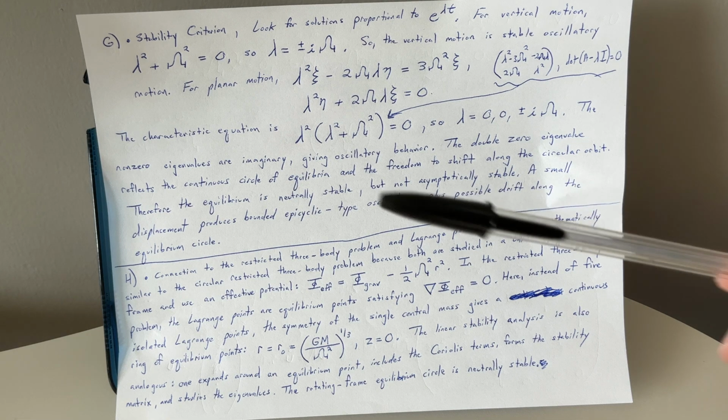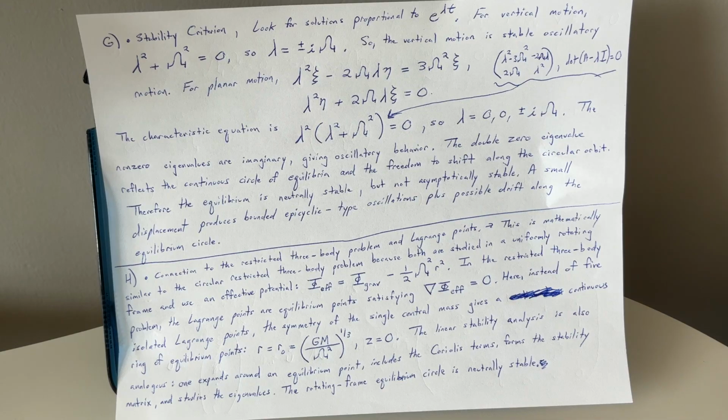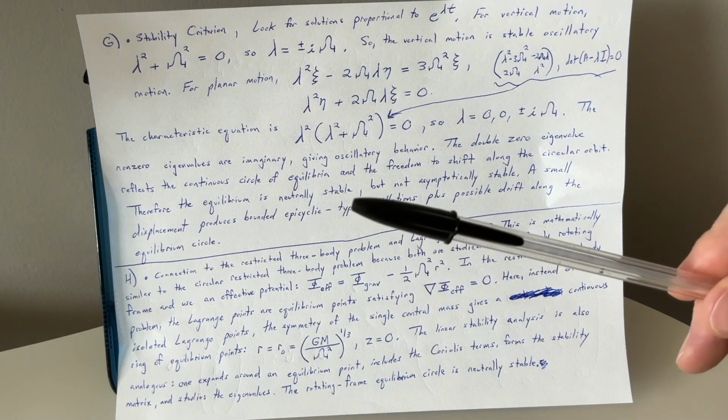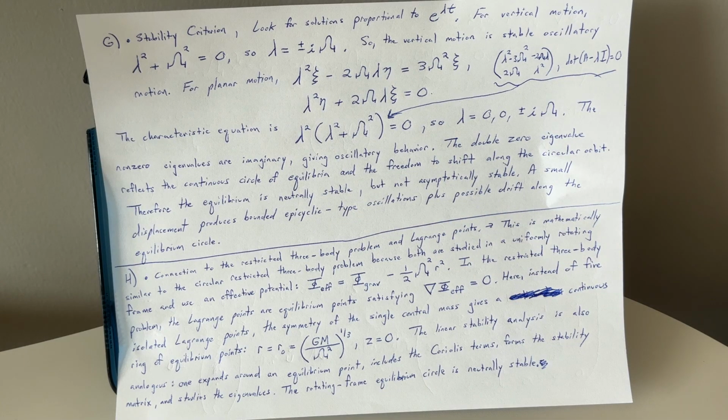The double zero eigenvalue reflects the continuous circle of equilibria and the freedom to shift along the circular orbit. Therefore, the equilibrium is neutrally stable, but not asymptotically stable. A small displacement produces bounded epicyclic type oscillations, plus possible drift along the equilibrium circle.